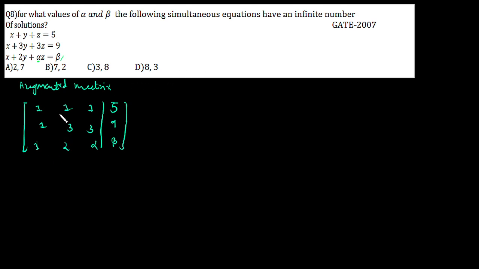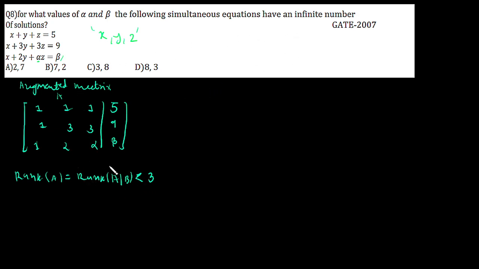If the rank of the coefficient matrix and the rank of the augmented matrix are equal but less than the number of unknowns, and here the number of unknowns is 3 because we have 3 unknowns x, y and z, then I get infinitely many solutions. So if the rank of the coefficient matrix A is exactly the same as the rank of the augmented matrix [A | B], but less than 3, then I get infinite solutions for this system.